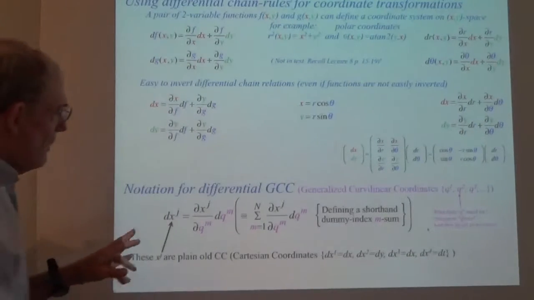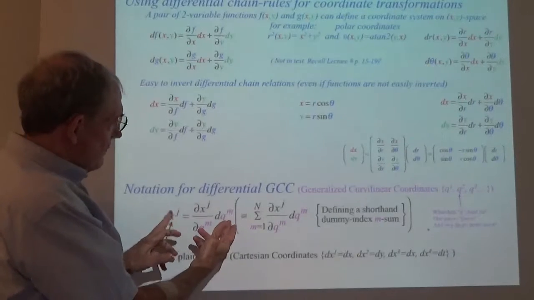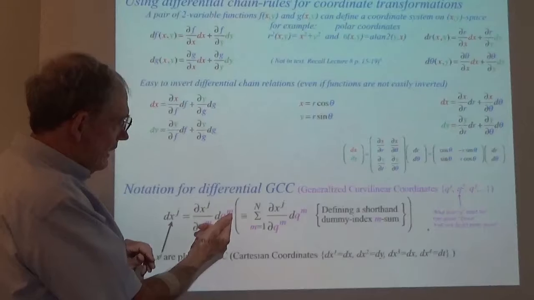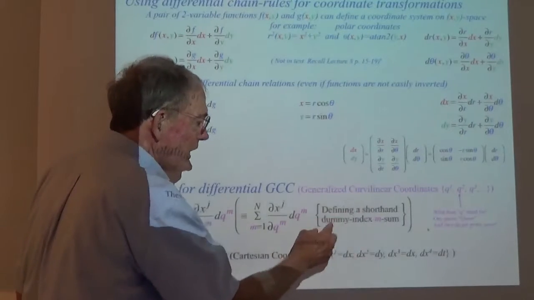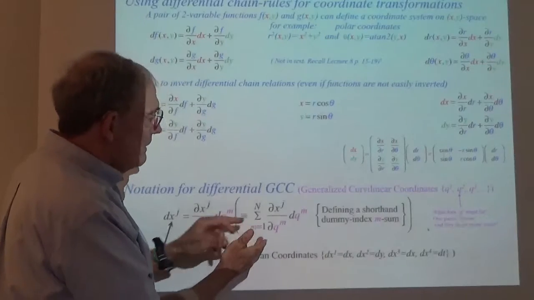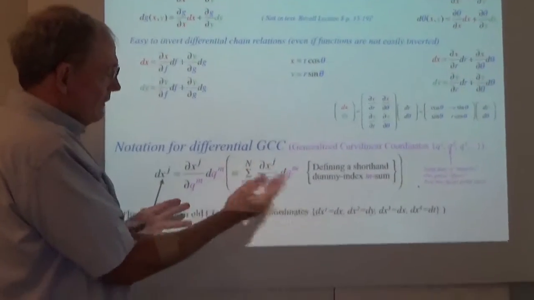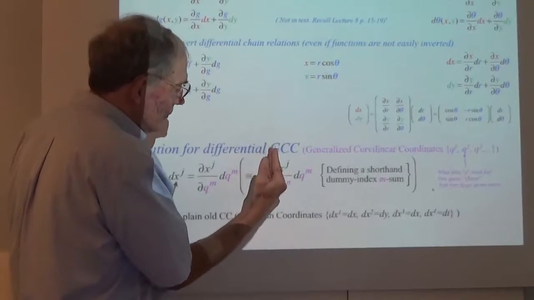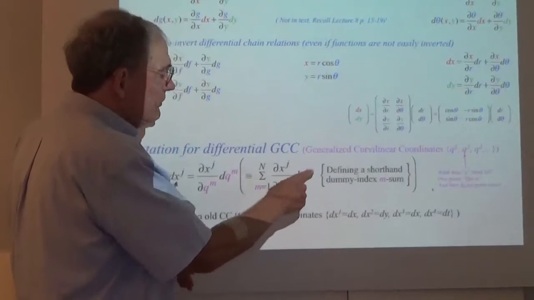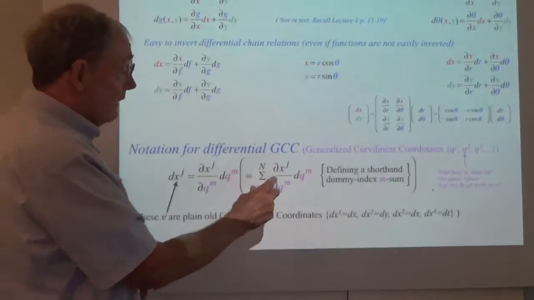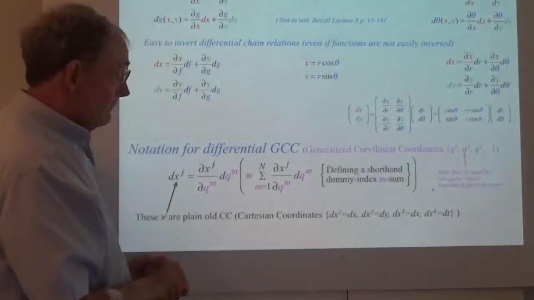But for now, the thing that I want to make sure you see is something called the dummy index rule. This is a shorthand way of writing something with a sigma in it. You're going to be summing over several of these at a time, so you don't want to have to be writing sigma blah blah blah and then another sigma blah blah blah for each pair of indices, or maybe more than a pair of indices, that are being summed.